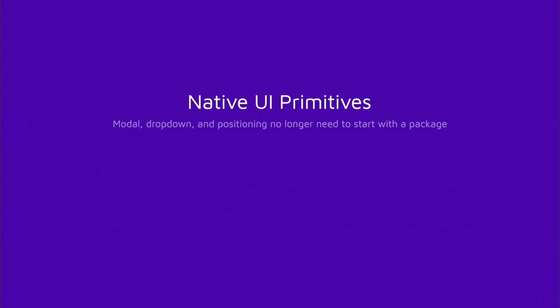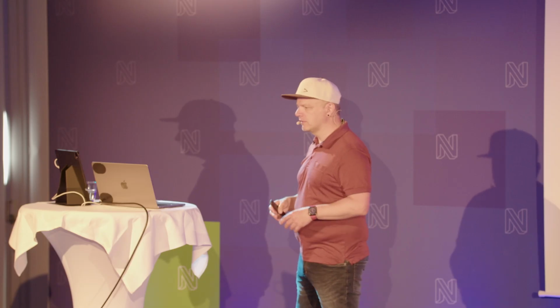So, you have native UI primitives in your browser. Modal, drop-down, positioning. You no longer need a package for that. You have the dialog with focus, escape, backdrop. You have the popover with open state and dismiss.